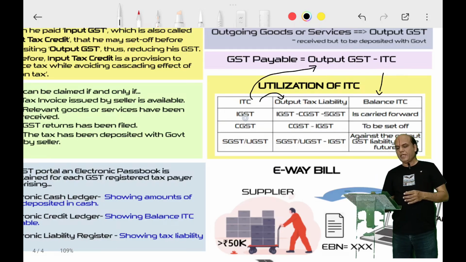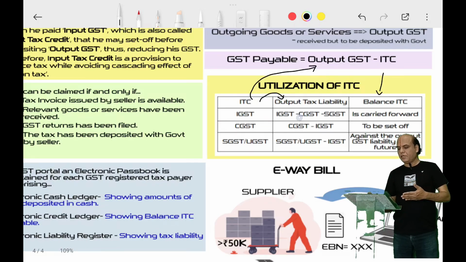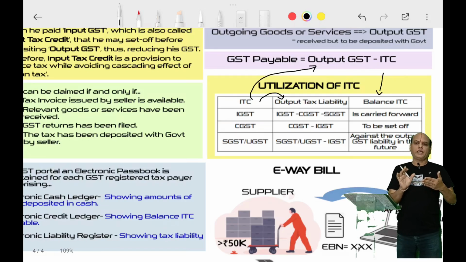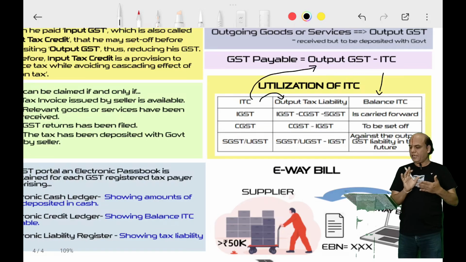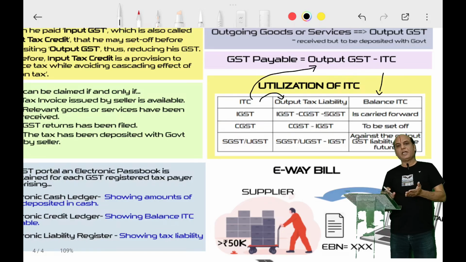Then integrated GST, from integrated GST, we should subtract first CGST. Suppose a taxpayer is supposed to pay so much of integrated GST. Out of that, he can first subtract CGST and then subtract SGST. If he needs to claim some CGST or SGST, then he can subtract them before carrying forward the balance IGST.